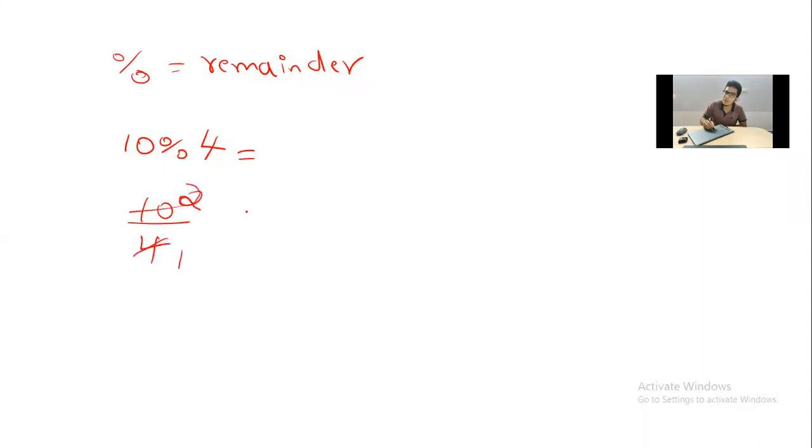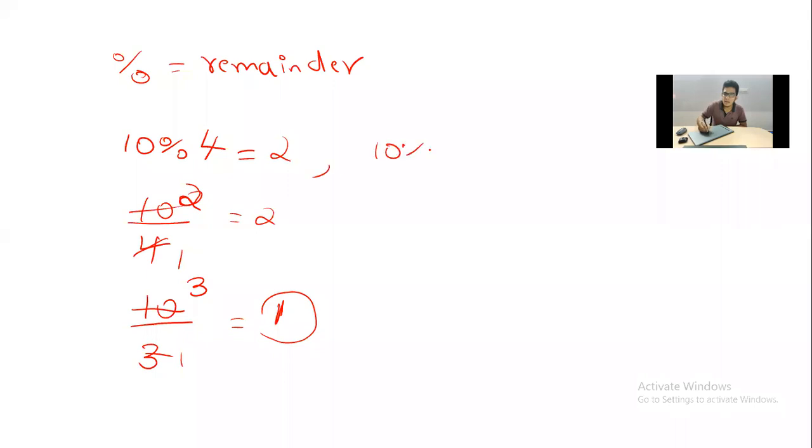How many more is remaining from 8 to 10? 2 more is remaining. This is the remainder concept. Now 10 divided by 3. 3 ones are 3, 3 threes are 9. From 9 to 10, how many more is remaining? 1 more is remaining. So 10 mod 4 answer is 2, and 10 mod 3 answer is 1.